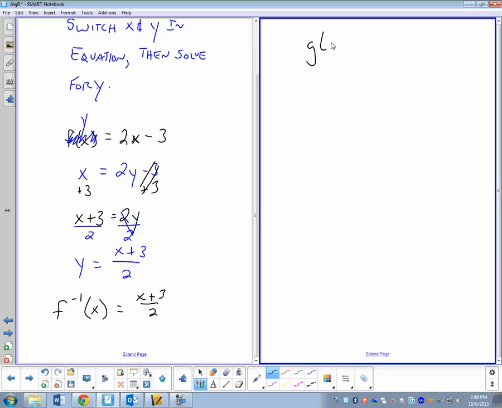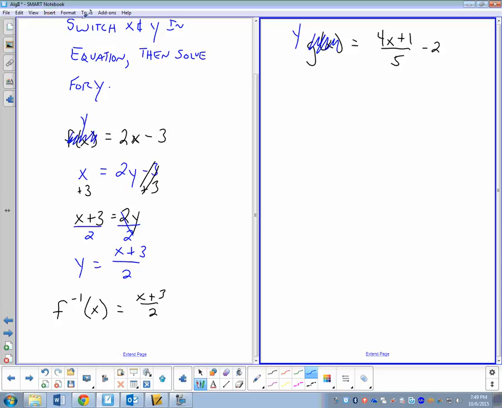So let's say I do g of x equals, let's do a trickier one, 4x plus 1 over 5 minus 2. So I want to find the inverse of this function. So first, I need to recognize that this g of x is really just a fancy way of saying y.